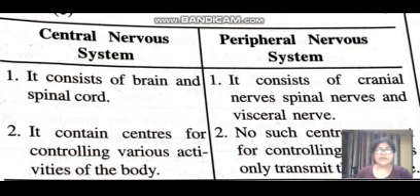That means in the central nervous system, both the responses, the information and the activities are controlled by the central nervous system. But in the peripheral nervous system, only the information is sent to the brain, and the activities of the body are not controlled by it. So this is overall.